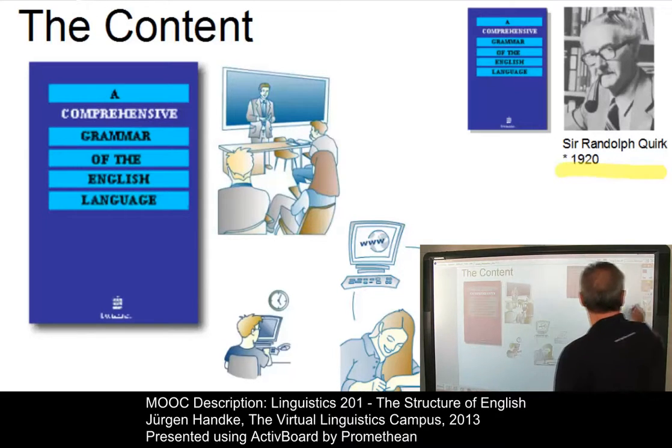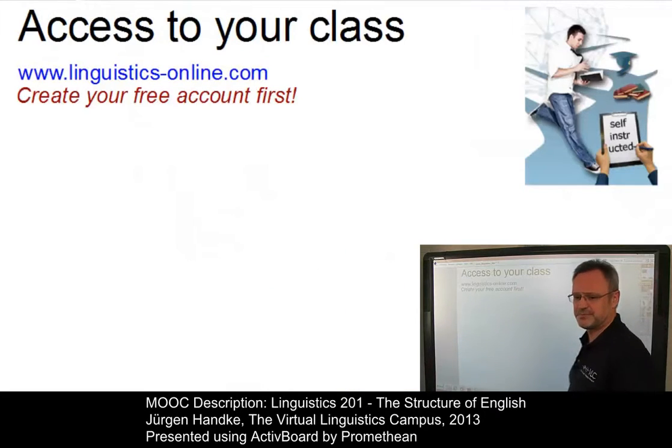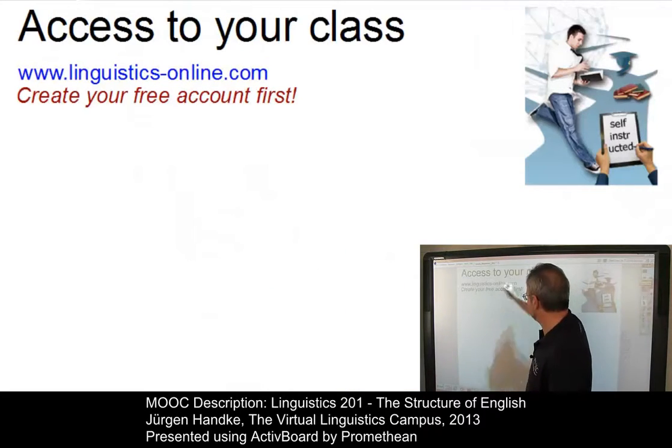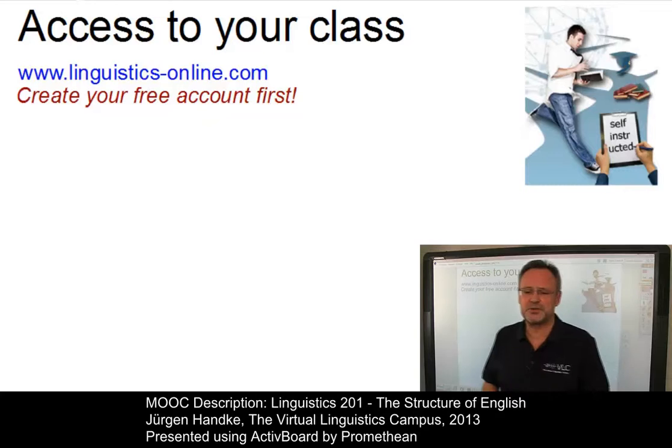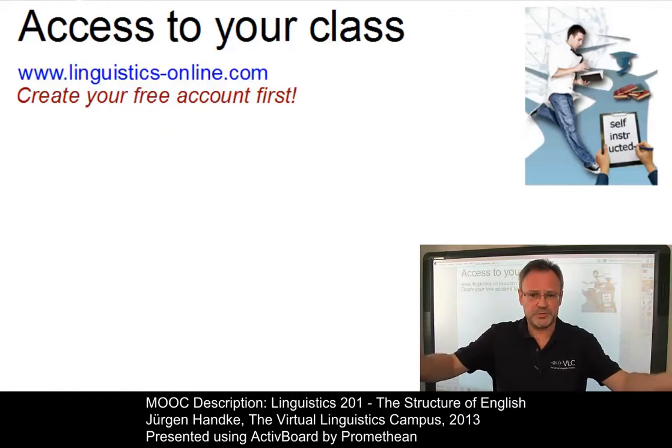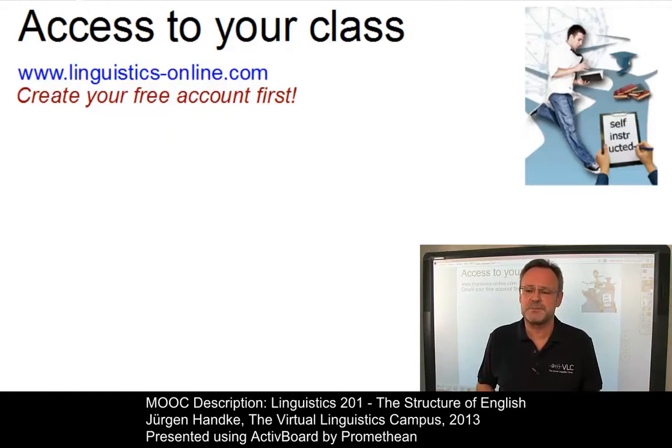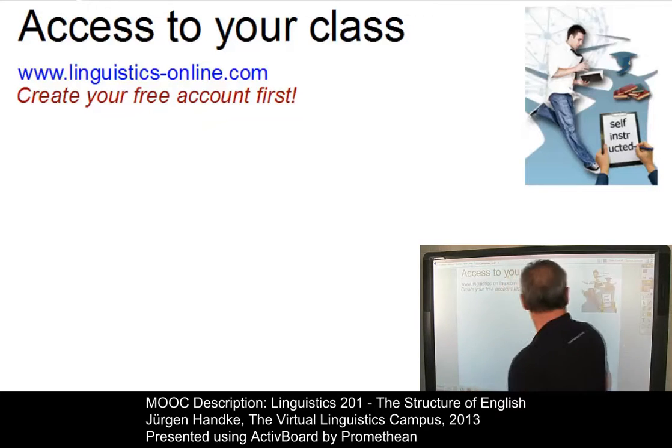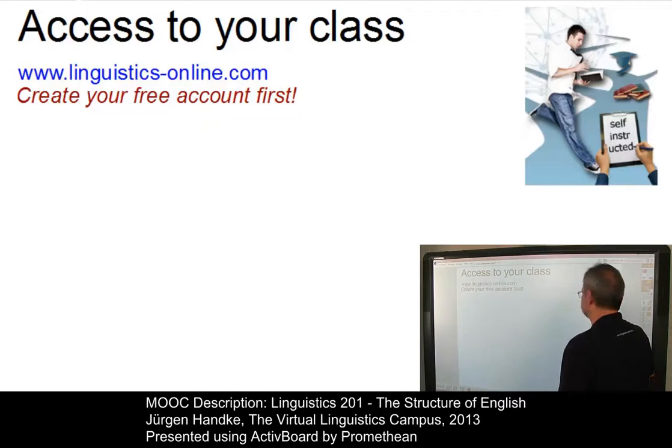With 2 steps, you can access your class. First, you should create your free account on the Virtual Linguistics Campus. Well, and then, and for many of you this may already apply, you have an account on the VLC. You can log in with your personal data.